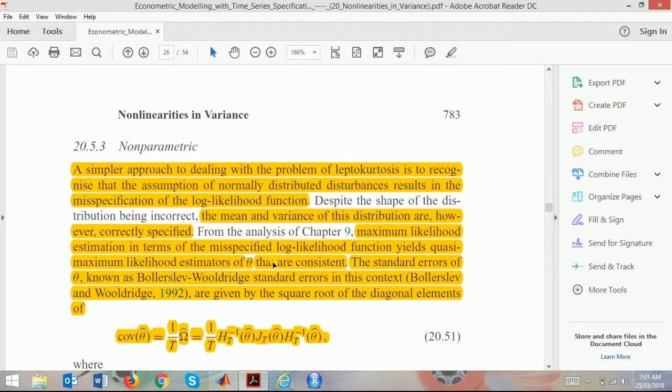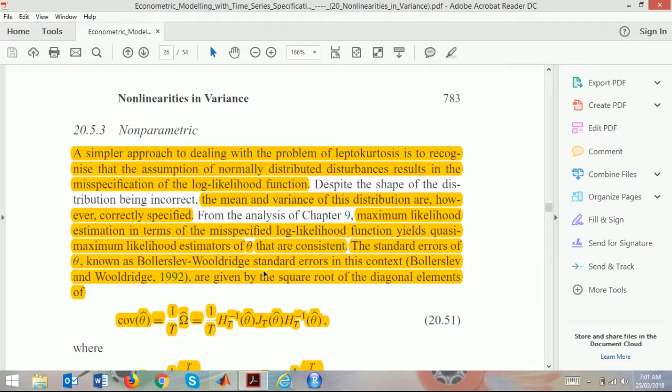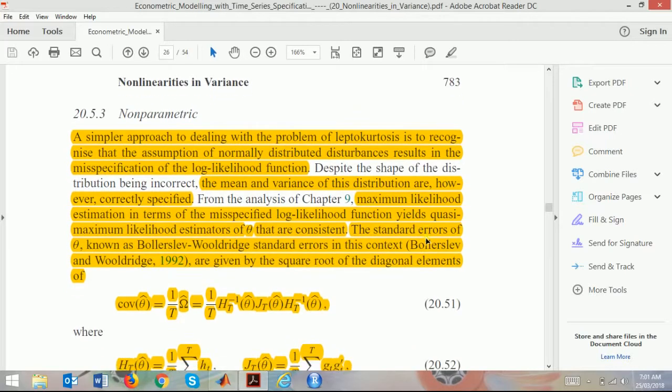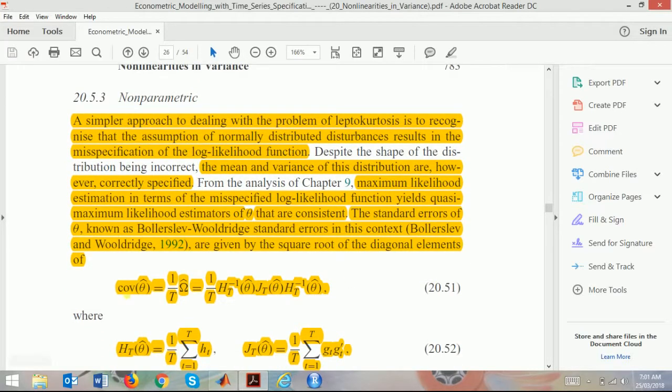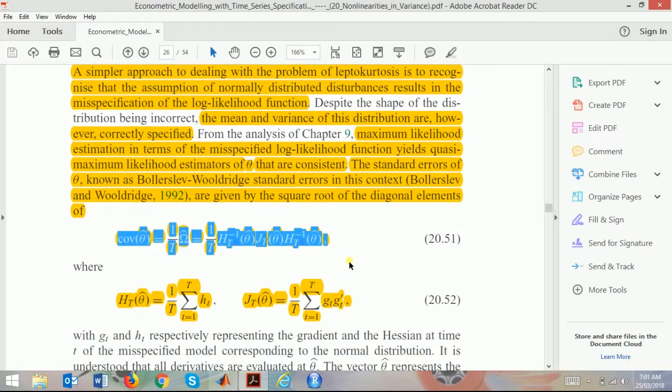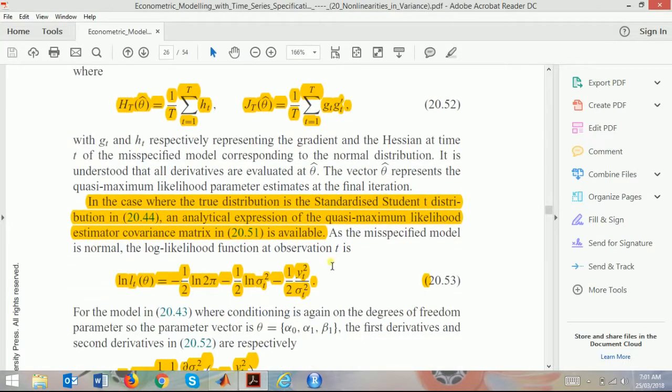However, when we use the misspecified log likelihood function, it is called quasi-maximum likelihood estimation. So the theta that we get are the quasi-maximum likelihood estimators, and the standard errors are given by the diagonal elements, with the Hessian, as always.